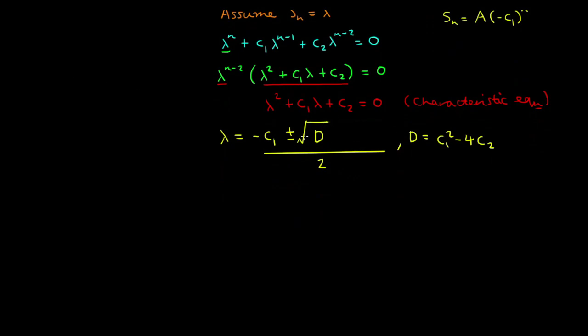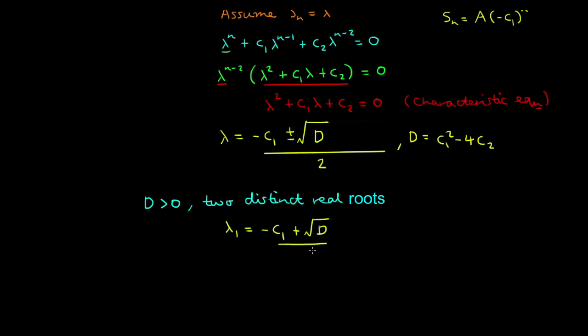Now there are 3 cases that can be obtained, and one of those is where the discriminant is greater than 0, where we get 2 distinct real roots. And these roots are lambda 1 is minus c1 plus the square root of the discriminant on 2, and the second root is the negative root. So we have minus c1 minus root d on 2.